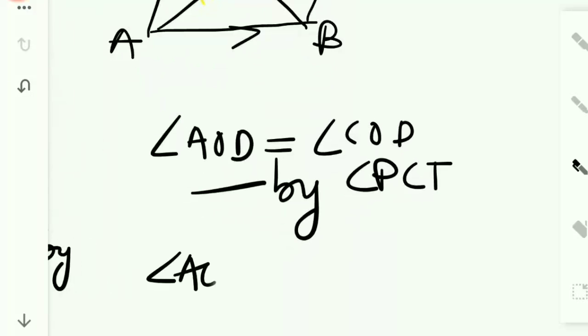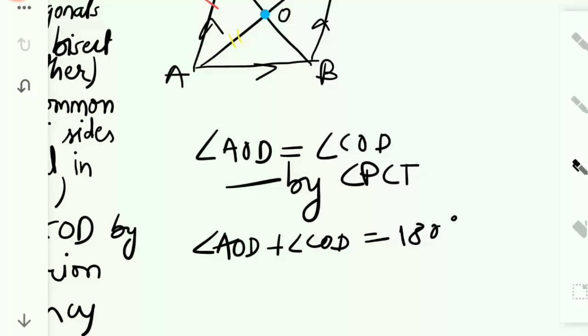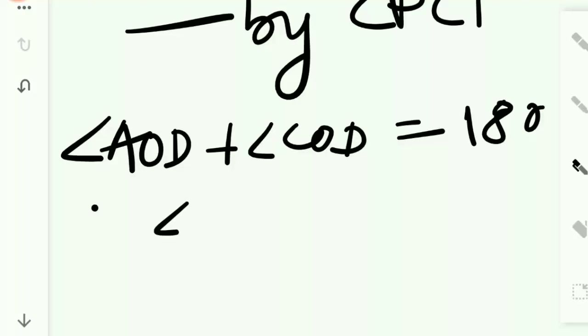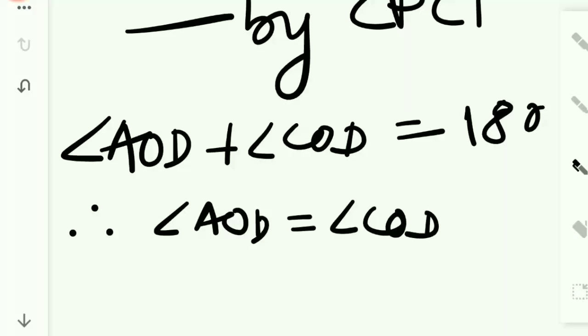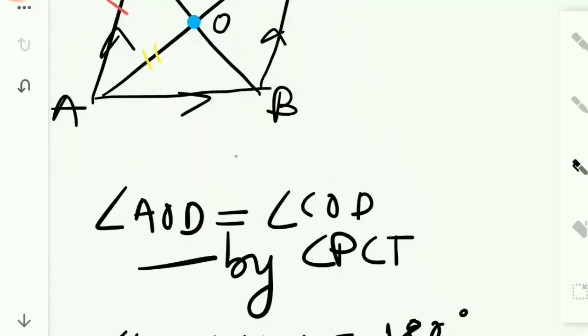So angle AOD plus angle COD is equal to 180 degrees. Both are equal and their addition is 180 degrees, so both must be. Therefore angle AOD equals angle COD, both must be equal to 90 degrees.